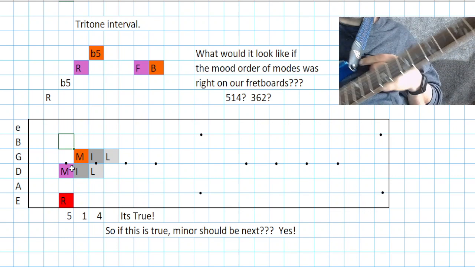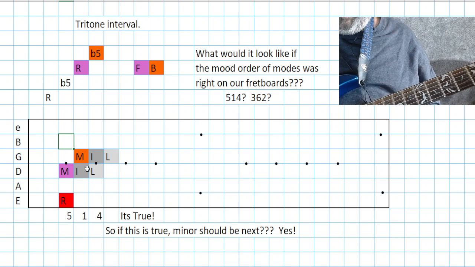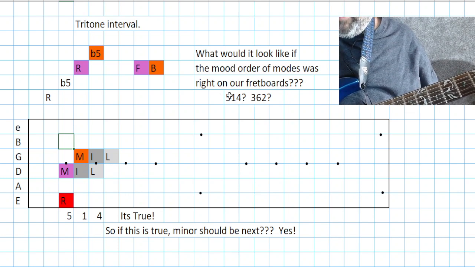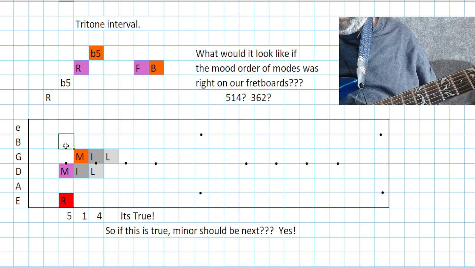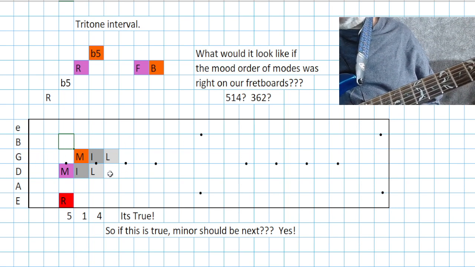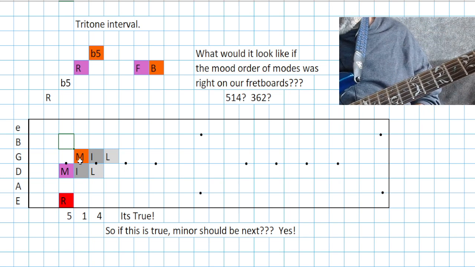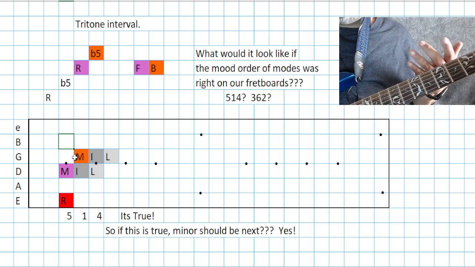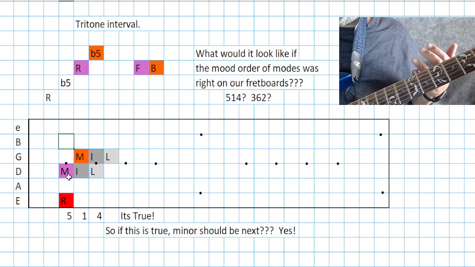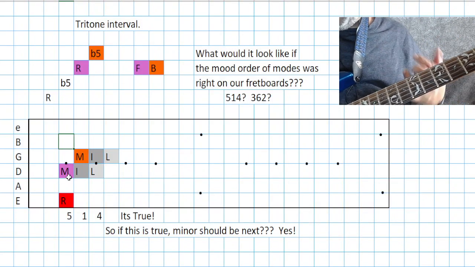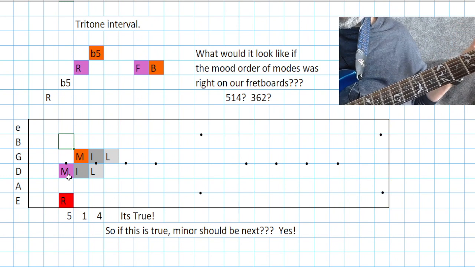Now, but here's the thing. If this is true, shouldn't minor also, if the 514 is there, is 362 right, like next to this, totally accessible, as easy as sliding up a half step? Like, who would have thought? I mean, for example, G Mixolydian and G Ionian are two different scale systems.